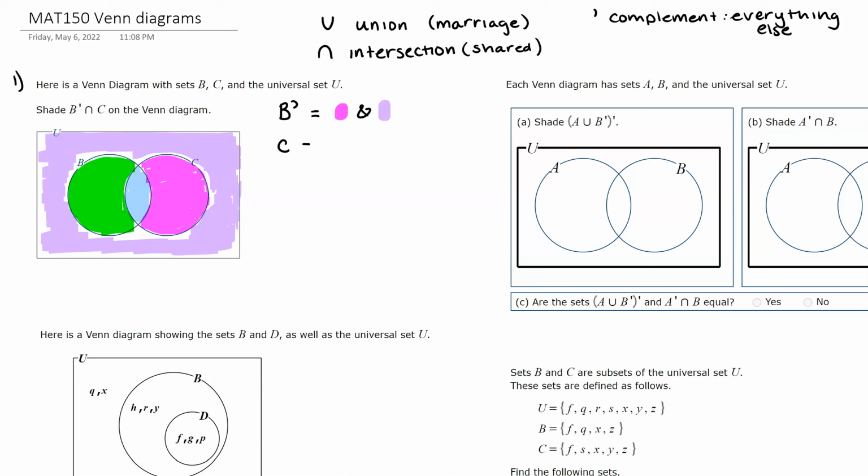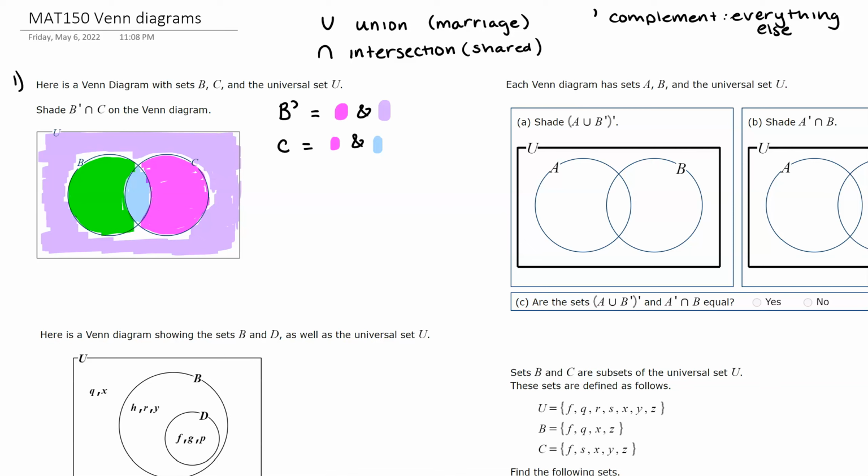Okay, and then let's look at C. C has 2 rooms. It's got pink and it's got blue. So the C party has 2 rooms, pink and blue. The B complement space is going to be pink and purple.